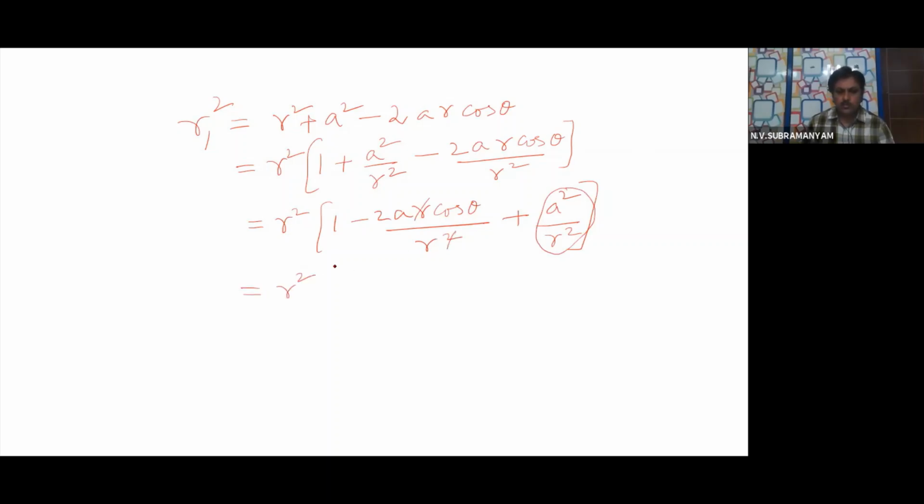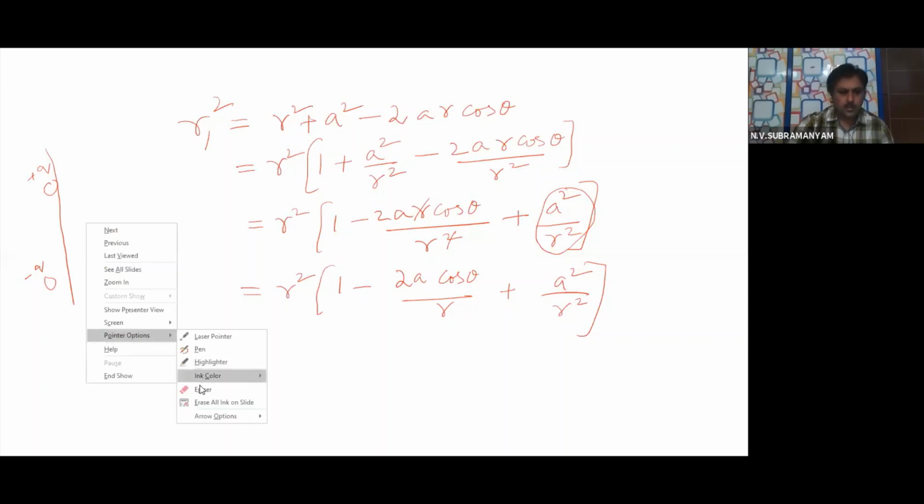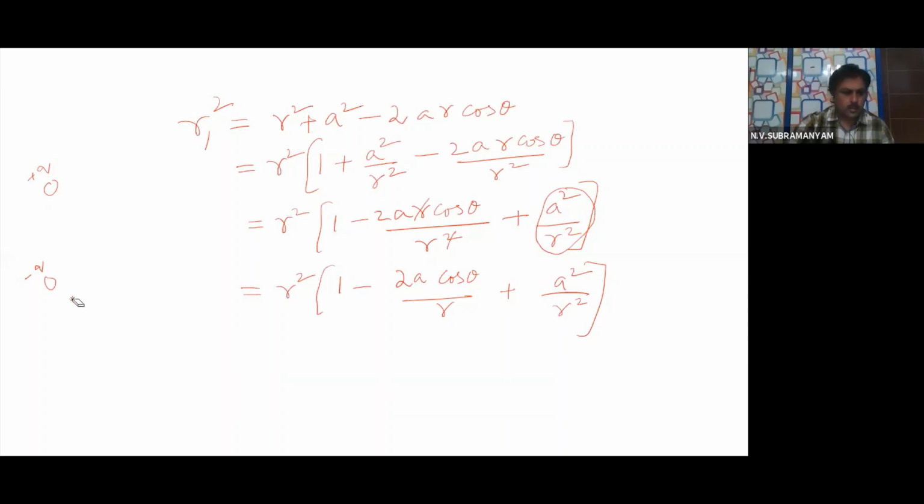R square, 1 minus 2A cos theta by R plus A square by R square. Children, if you see carefully, this is the dipole now. This is plus q, this is minus q, and this is the line.